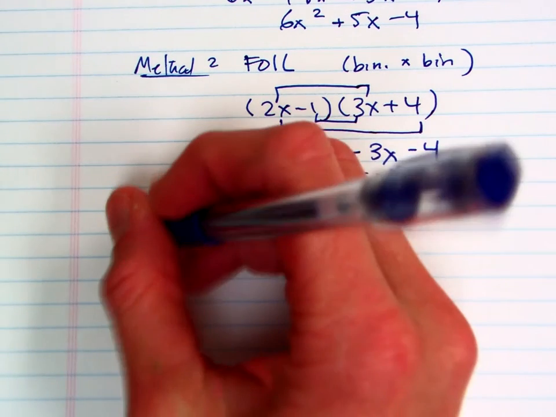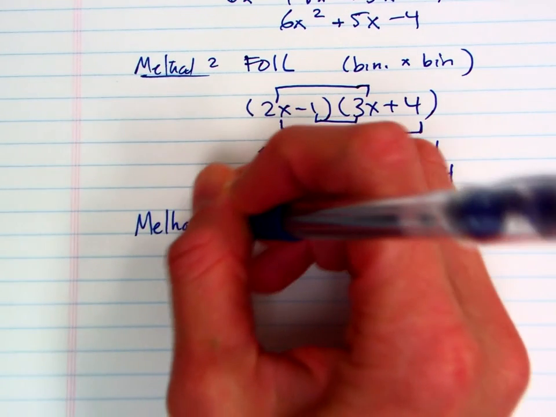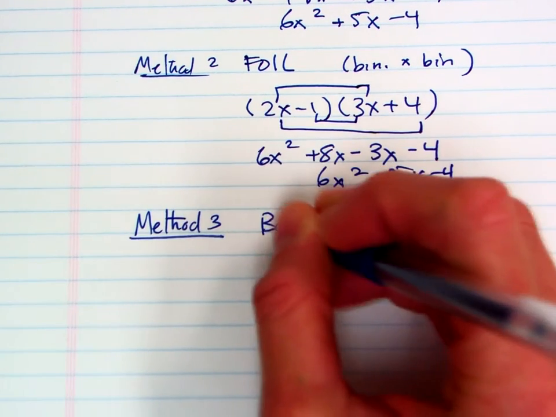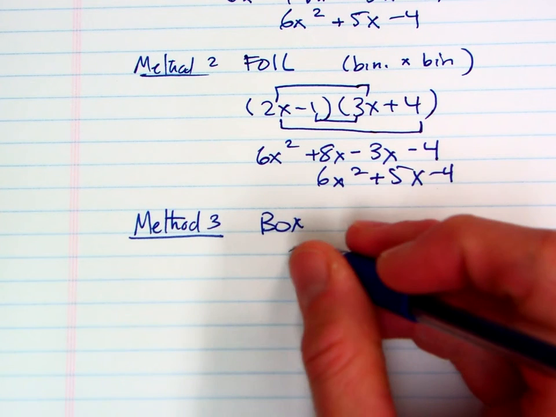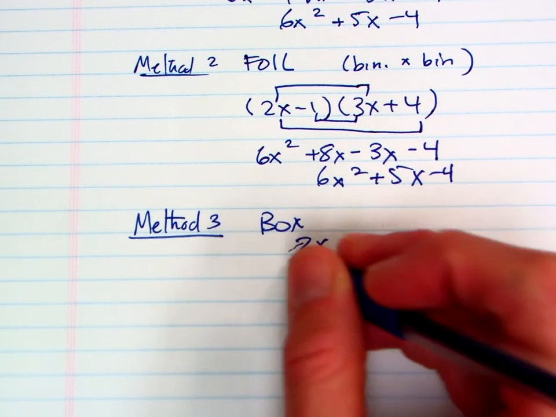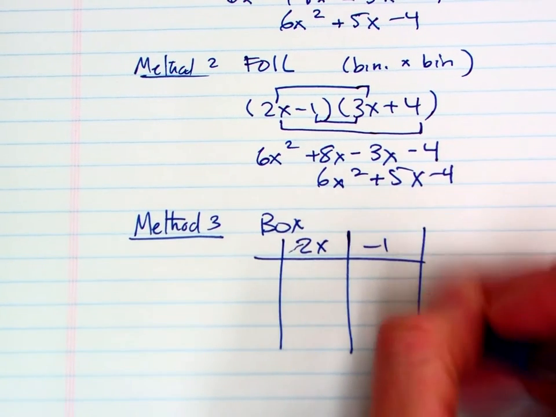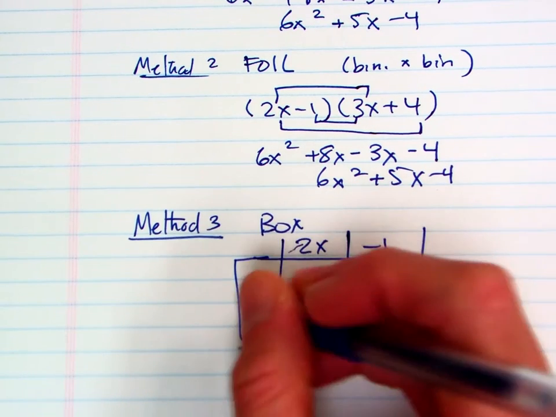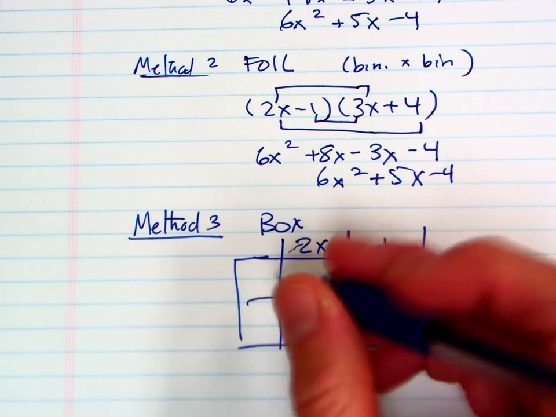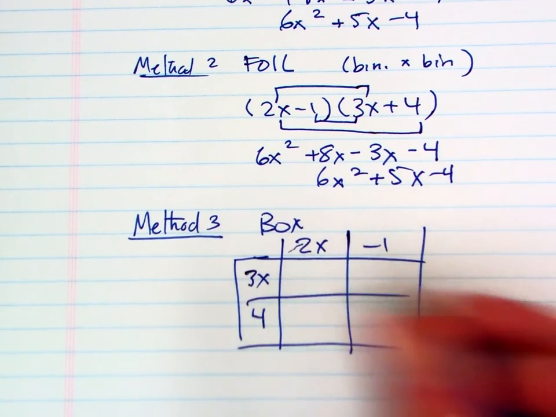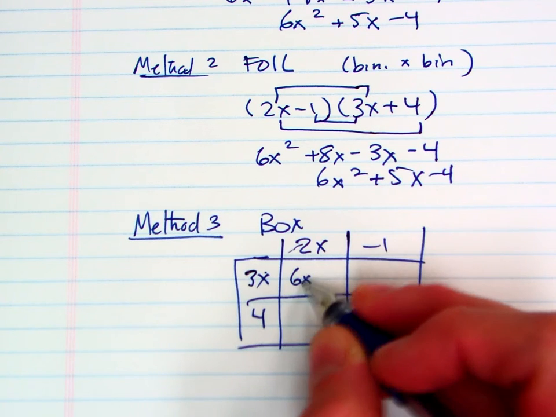The last method, the third method, is the box method. And this is where you make a box with all the terms and you multiply the corresponding parts. So for example, this would be 3x and 4. So I would do this times this, I get 6x squared.